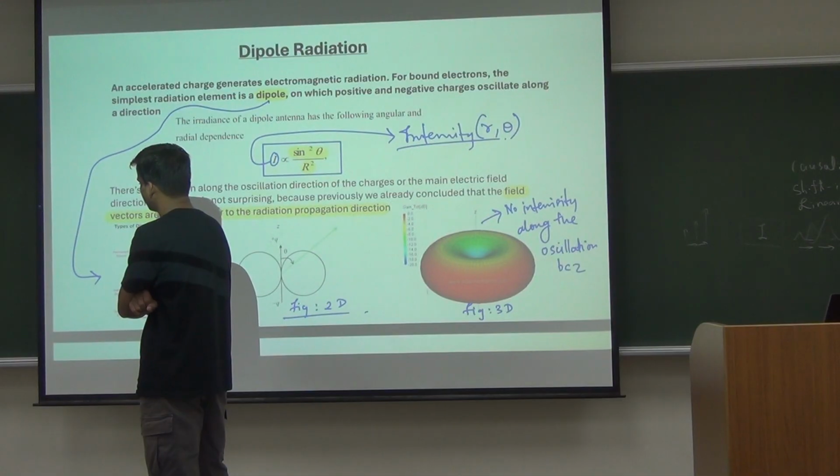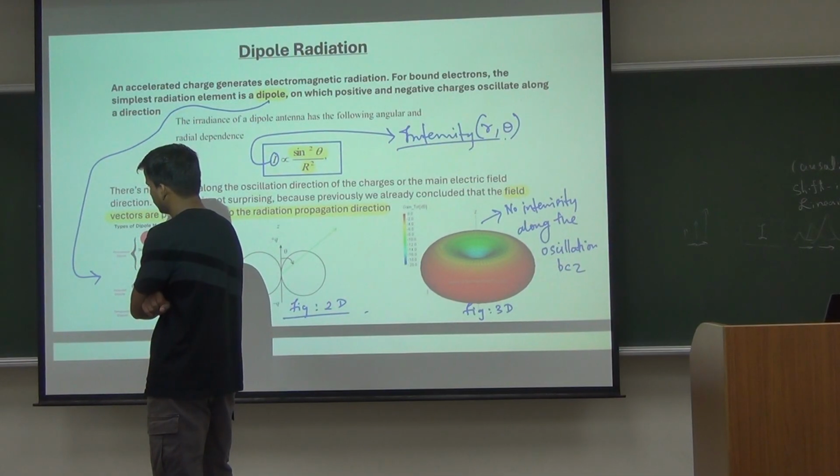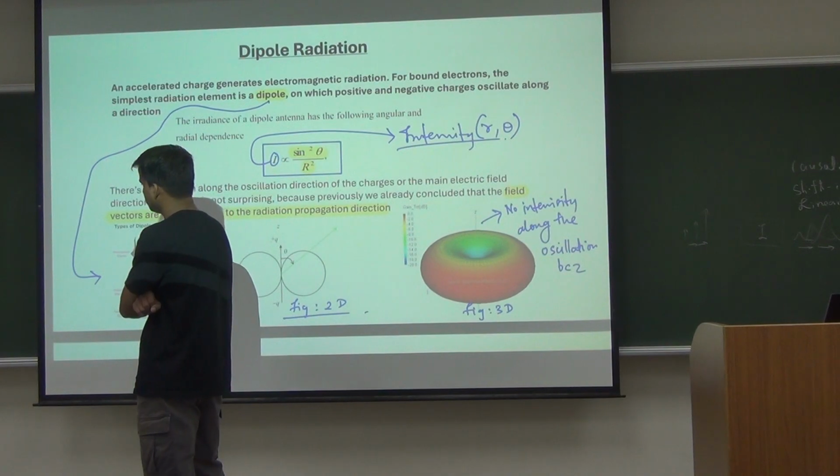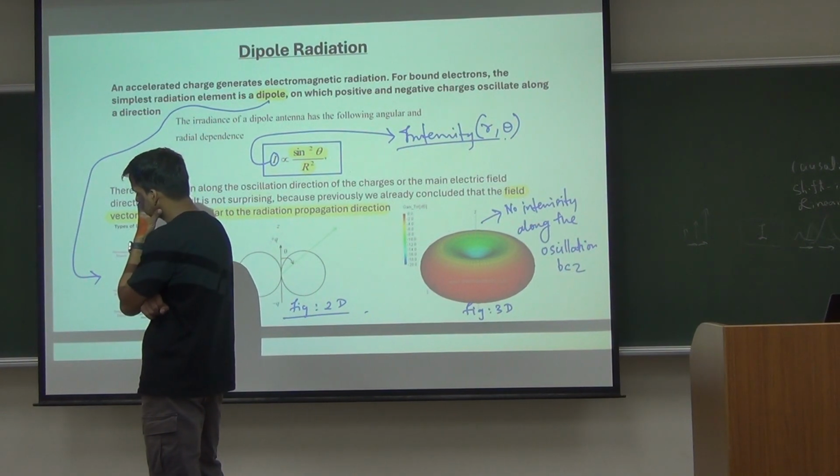You can do partial components in space. You can always derive an electric field along this direction that is perpendicular to this radiation direction. There are partial components, and because they are partial components, the intensity gets reduced.